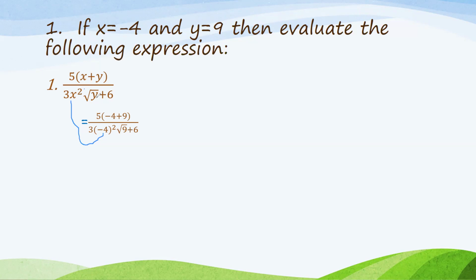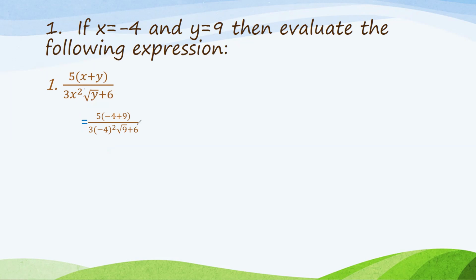So we just have to put this root on the value of y. That's it. After putting the value of y, the expression looks like this. Avoid using root on 6. Don't use root on 6, because in the question, there is no root on this plus 6.